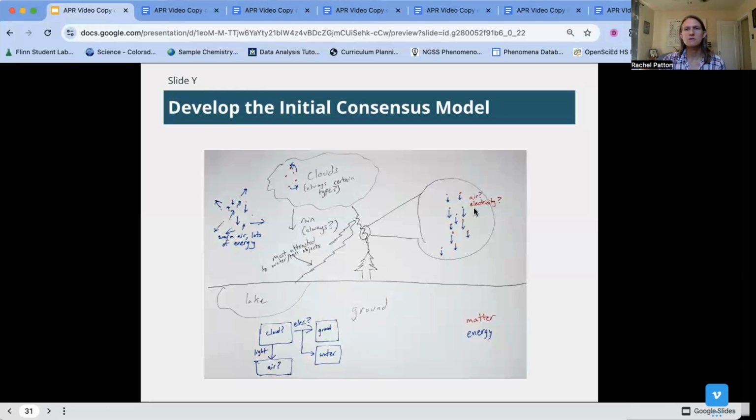In our zoom in, we have both matter and energy. So we have some arrows showing us energy transferring from matter. And we're wondering if this is air or electricity. Down here at the bottom, we have our energy transfer model of energy transferring from cloud to air and also to ground and to water. And we have some ideas about that energy, but we also have some questions.